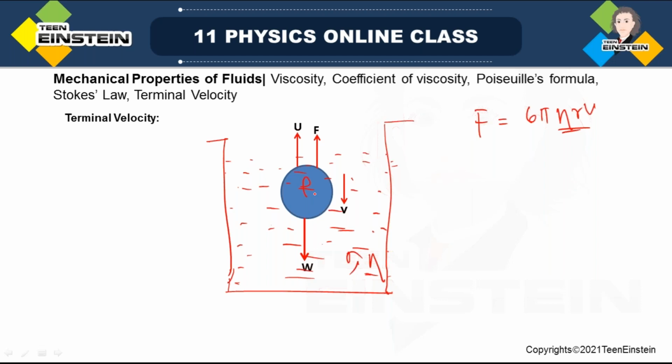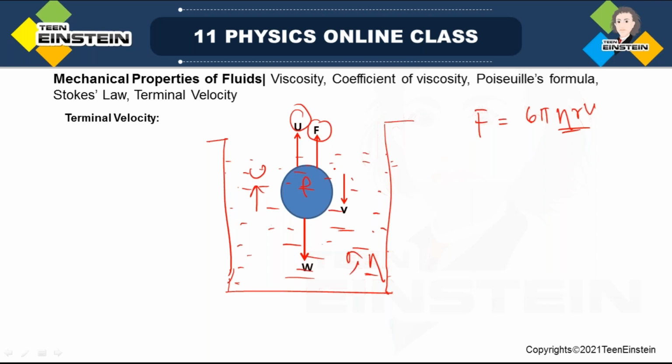When the ball is falling, there are three forces acting on the ball. What are those? We have already learnt about upthrust or buoyancy force. One force is given by the liquid, the buoyancy force or upthrust, which acts on the ball in the upward direction. Then there is the viscous drag, which also acts in the upward direction.